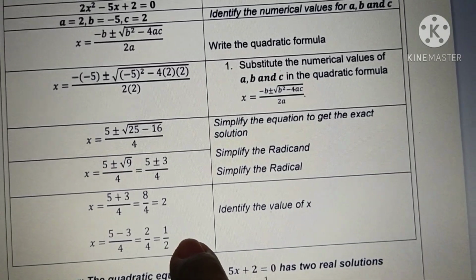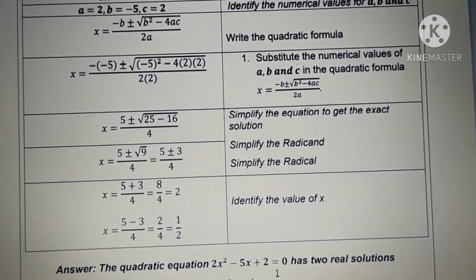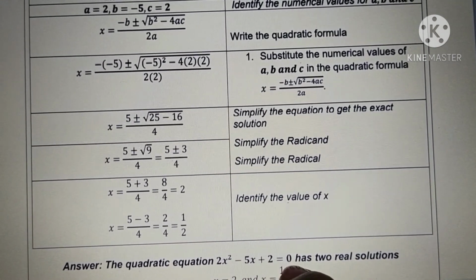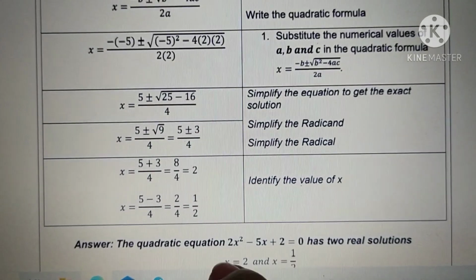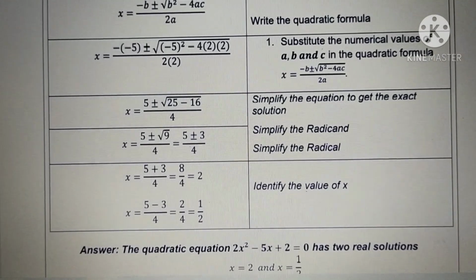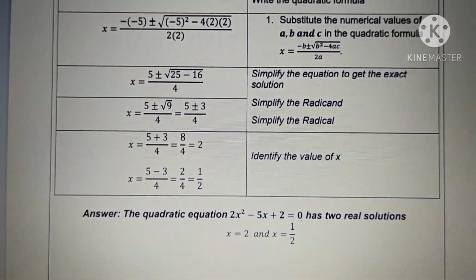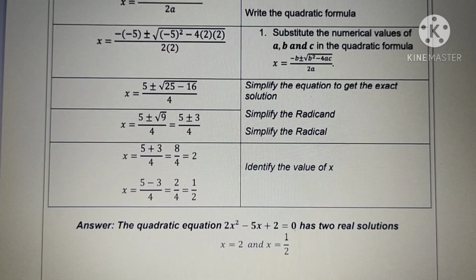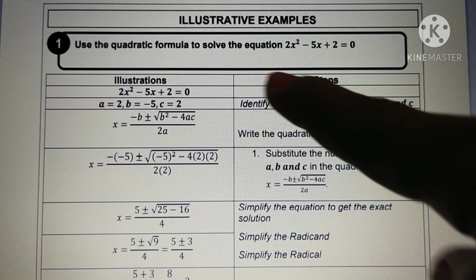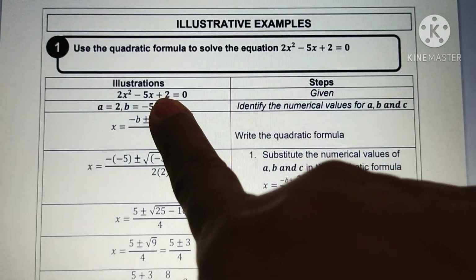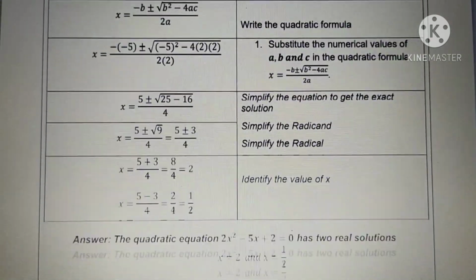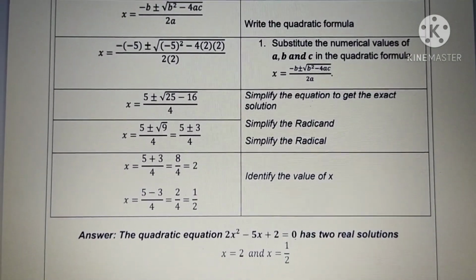So therefore, the quadratic equation 2x squared minus 5x plus 2 equals 0 has two real roots, which are positive 2 and positive 1/2. Those are the real solutions, or the roots, of the quadratic equation using the quadratic formula. Just replace the values.